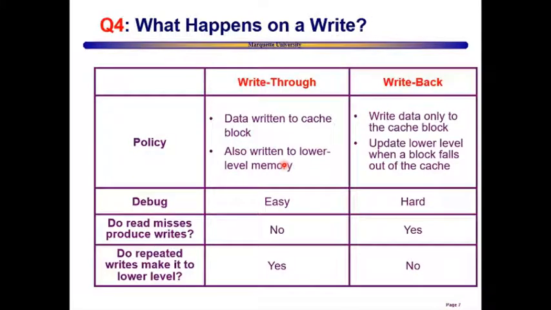Finally, the fourth question in talking about cache designs is what happens on a write. There are two main popular cache designs. One is the write-through cache design, and the other one is write-back.